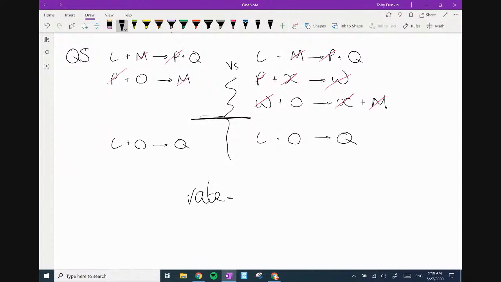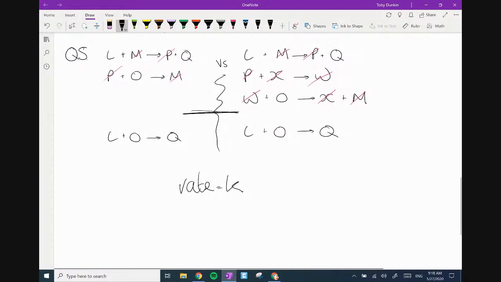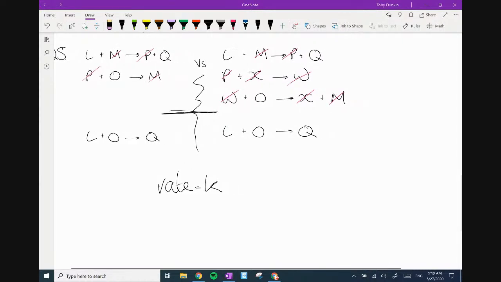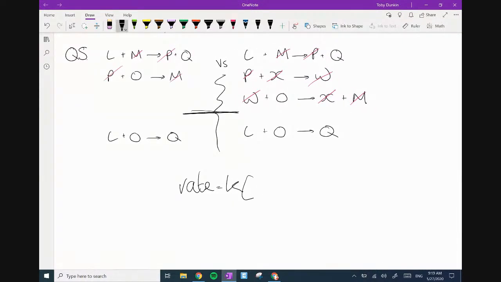the rate equation is this. K, this is where I make a mess. M. Got to be really careful here when I'm choosing this one.